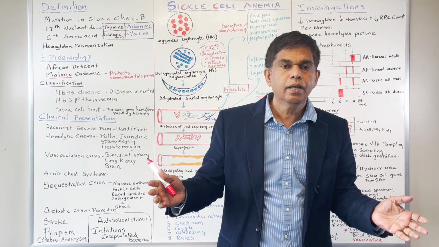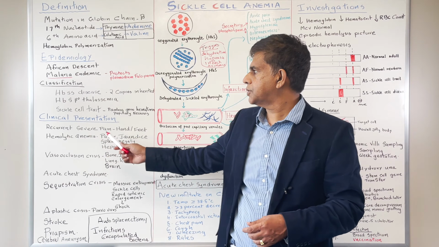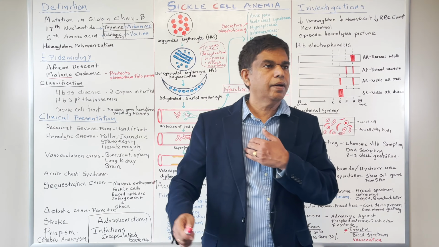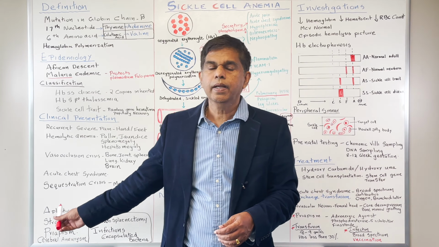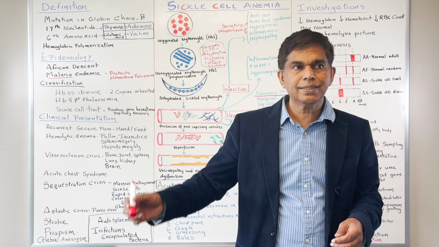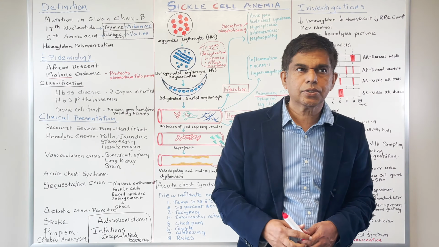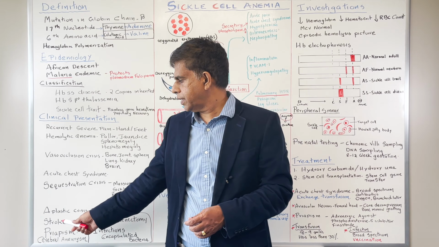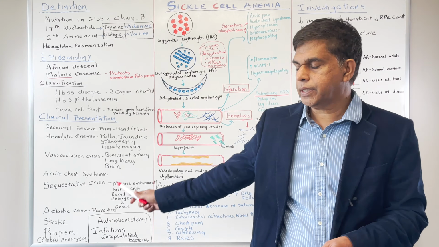That can be another examination question right here. And then you have all of these complications starting with hemolytic anemia, vaso-occlusive crisis, acute chest syndrome, and then sequestration crisis with rapid enlargement of spleen and shock, and the patient could die, and then stroke, priapism, cerebral aneurysm, bleeding, okay, autosplenectomy, all of that.